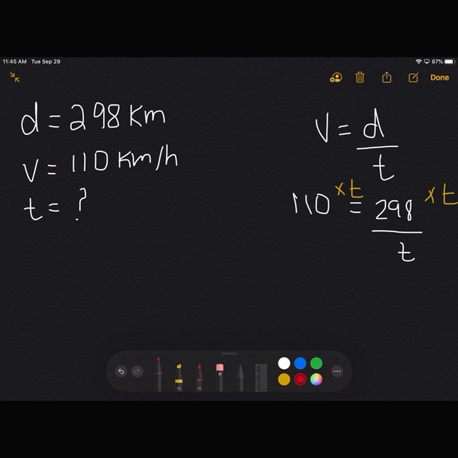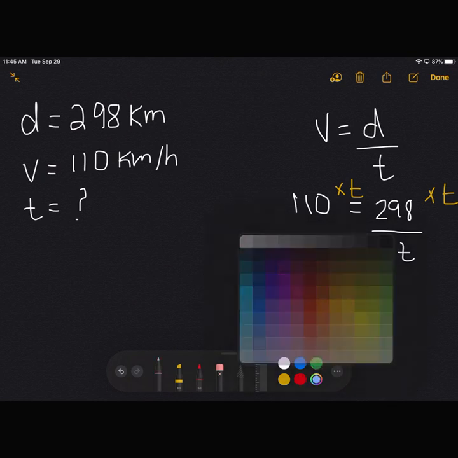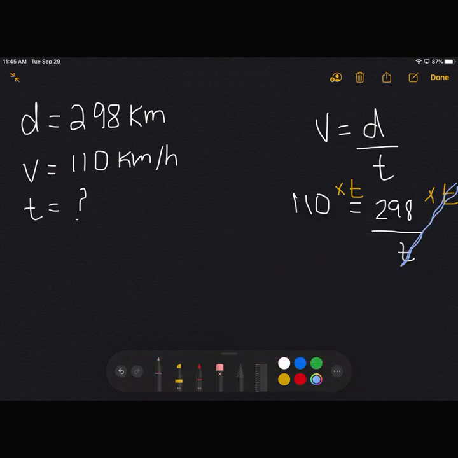By doing that, that'll get rid of this T. That T is gone. We've multiplied by T, so that side we're left with 298. The other side, well, we've multiplied it by T, so now we've got 110T.